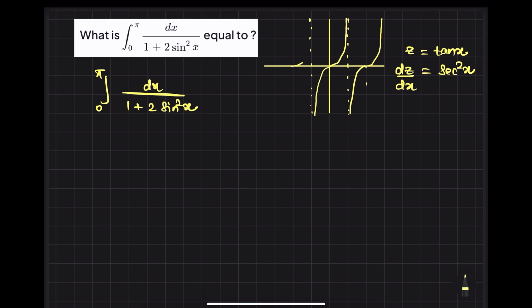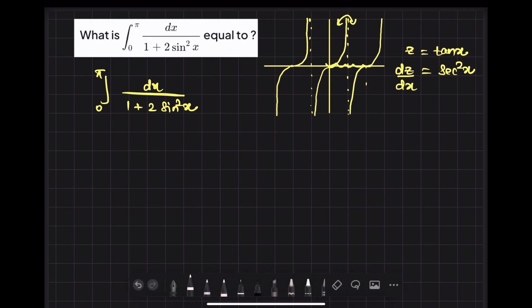Correct or wrong? So if we are having a problem at 90 degree, the function breaks down in this part and in this part. So from this part to this part, it is not continuous. You cannot draw the graph in one stroke, right? So you cannot take z as tan x.